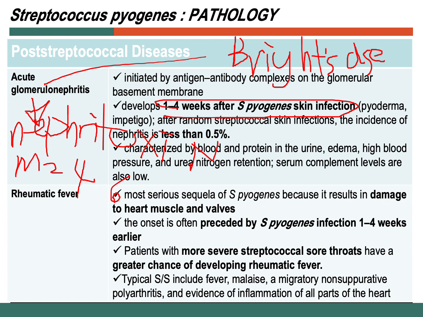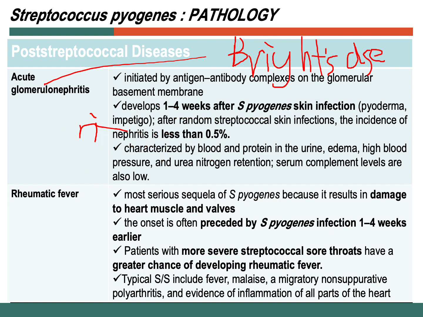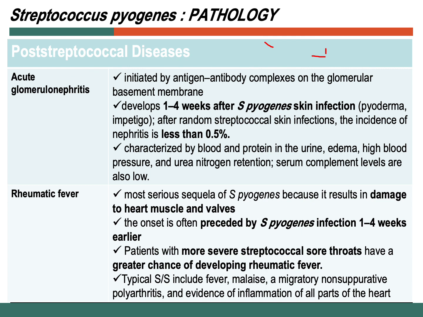Rheumatic fever, on the other hand, is the most serious sequela of Streptococcus pyogenes because it damages the heart muscles and valves.